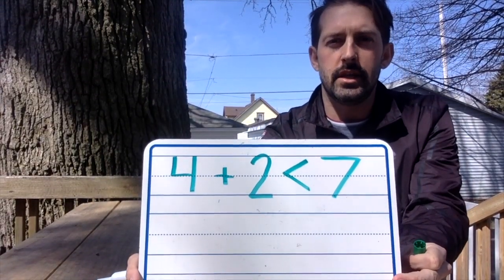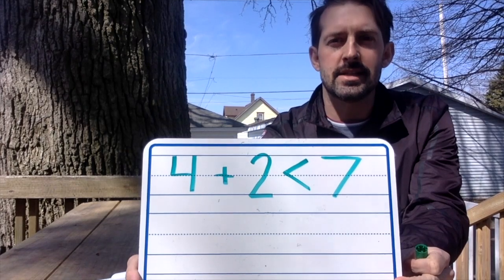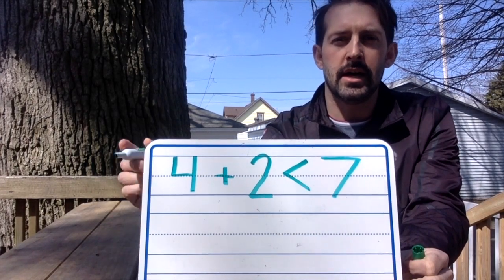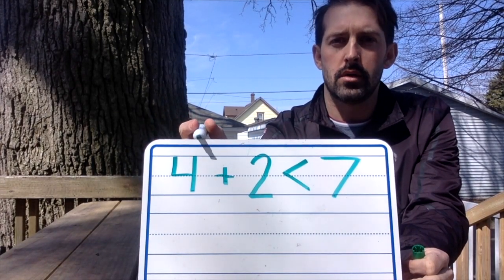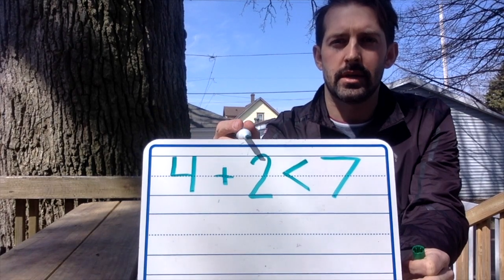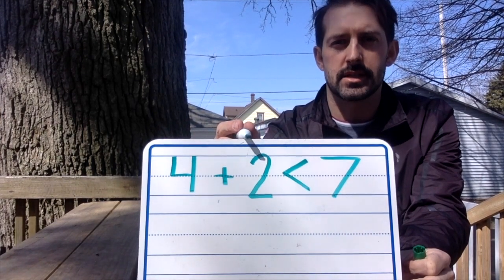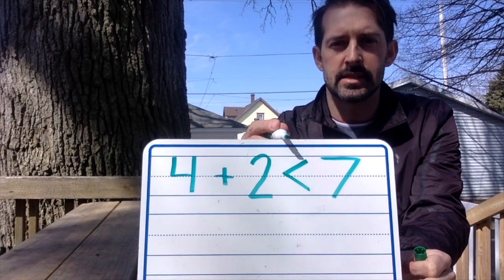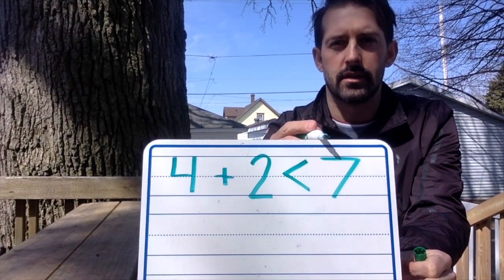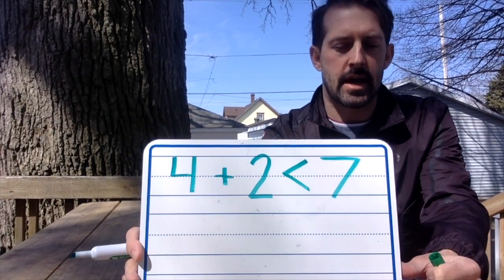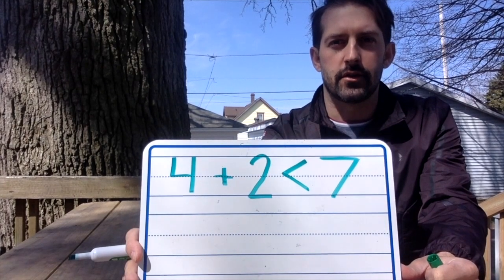I changed the equals symbol to the less than symbol because I know 4 plus 2 is 6. 6 is less than 7. This statement is now true. Great job with your work.